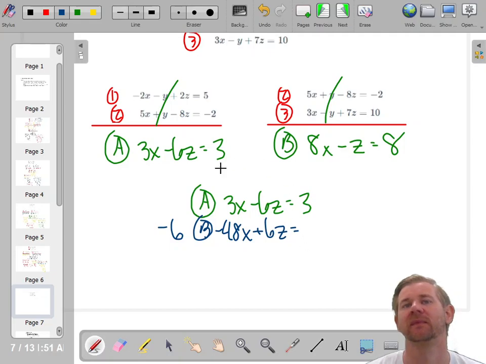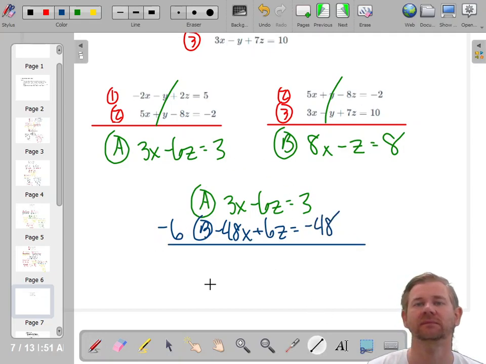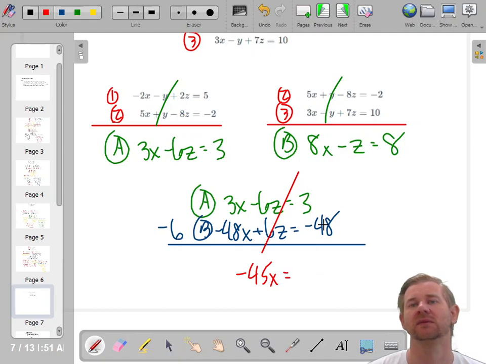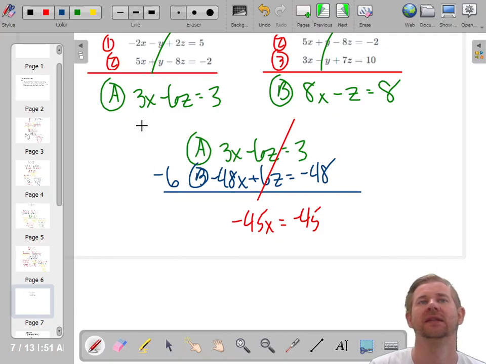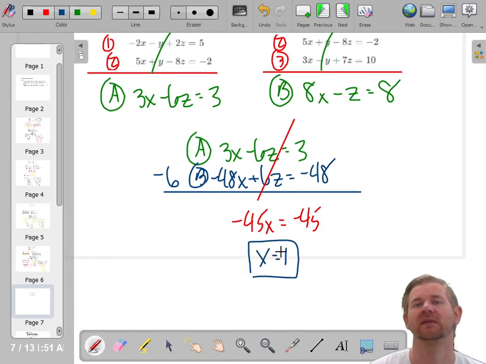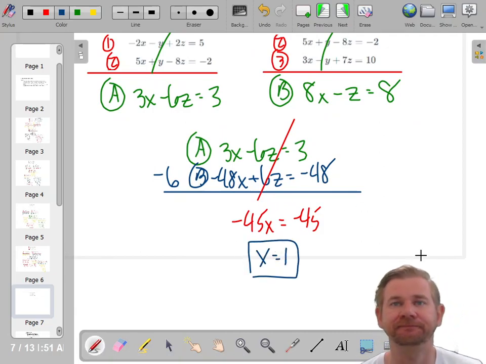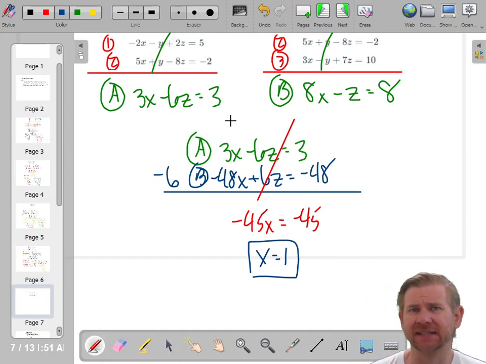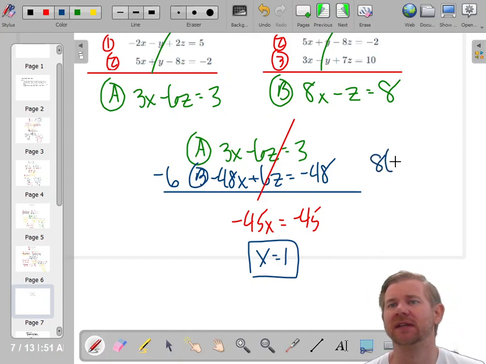That's the whole point. And negative 6 times 8 is negative 48. So these go away. Negative 45x equals negative 48 and 3 make negative 45. Good, because that's nice. Then when you divide, x must be 1. Divide both sides by negative 45. X is 1.